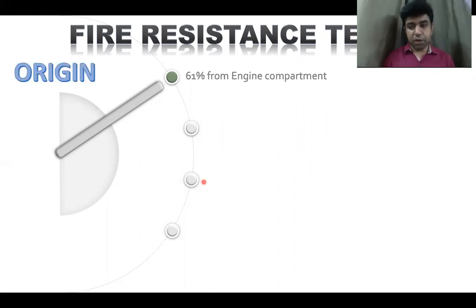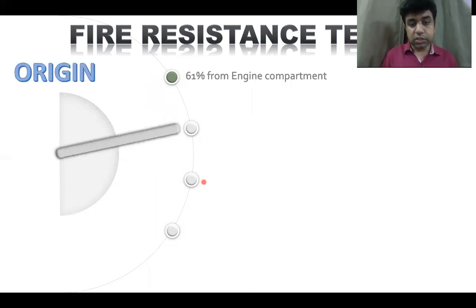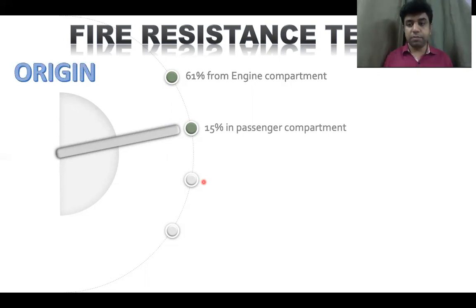The engine is where the combustion process takes place, so obviously that is a source of heat, and from that source of heat there is a chance of fire development, in a huge percentage. The second biggest source is the passenger compartment, due to some problem in the passenger compartment itself, maybe by using some auxiliaries, where fire catches up. That is the second part, but it is the most dangerous aspect because passengers are sitting in the passenger compartment and the fire has been raised there.